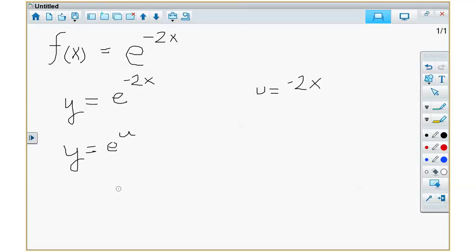Now take the derivative of y with respect to u, and then take the derivative of u with respect to x.